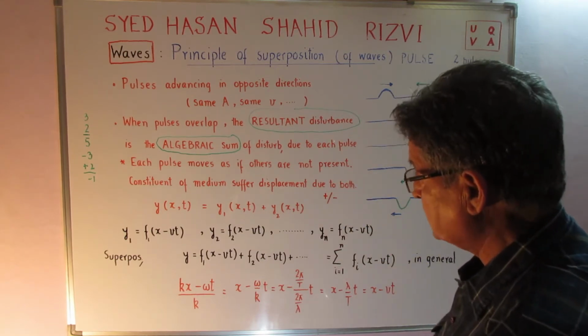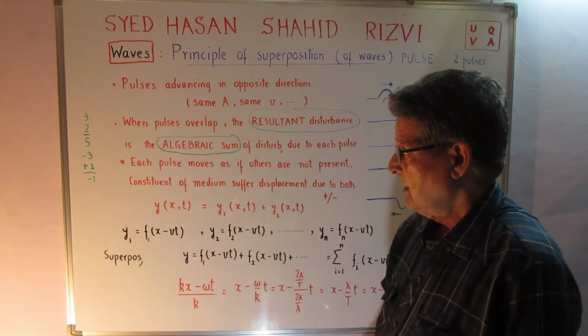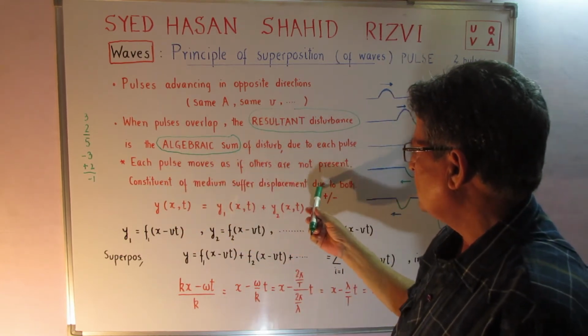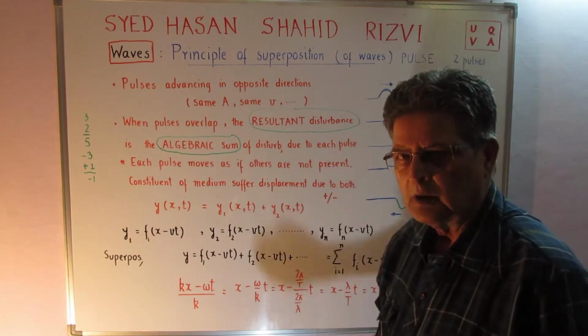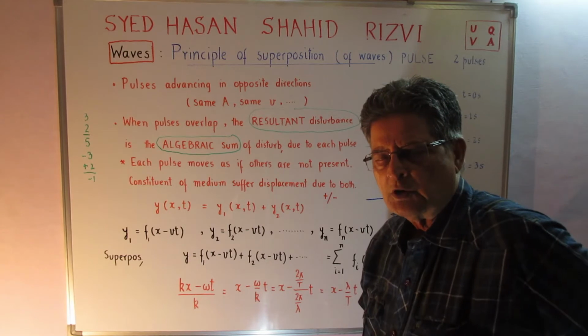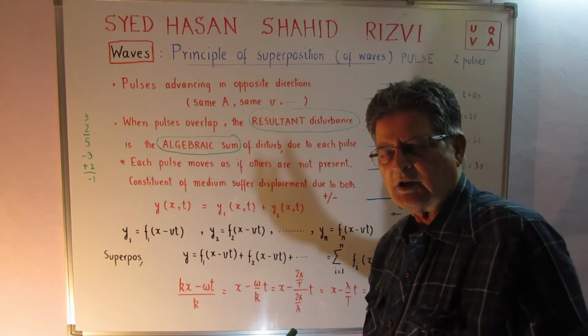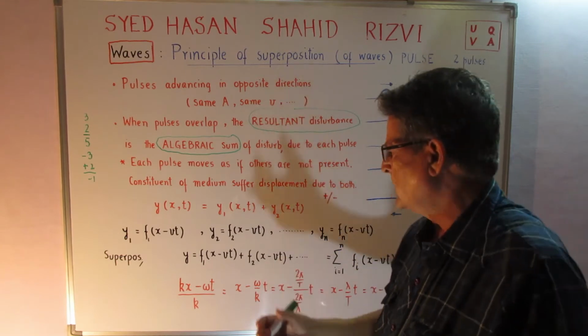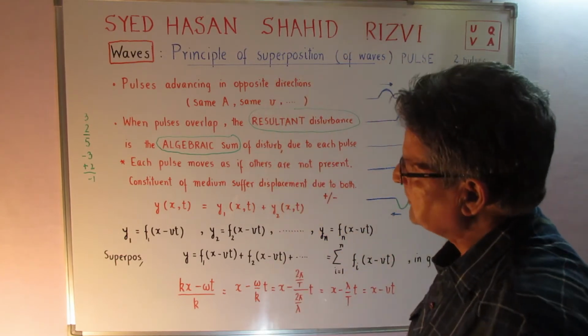But what happens to the medium? The constituents of the medium suffer displacement due to both, or in general for all of the pulses which are there. So the total disturbance is the algebraic sum total of all the disturbances caused by the various pulses.